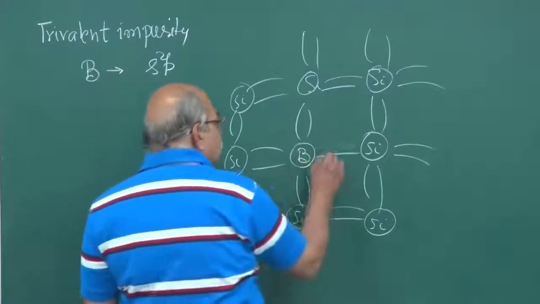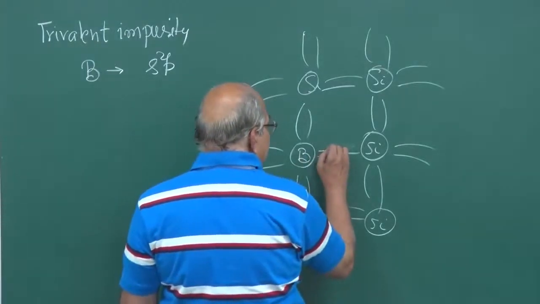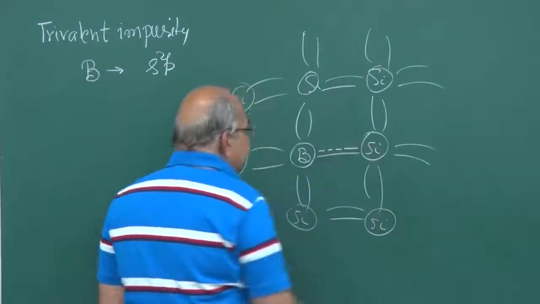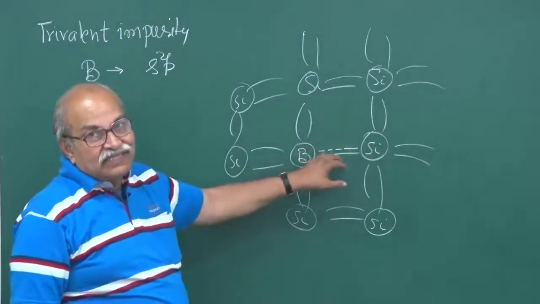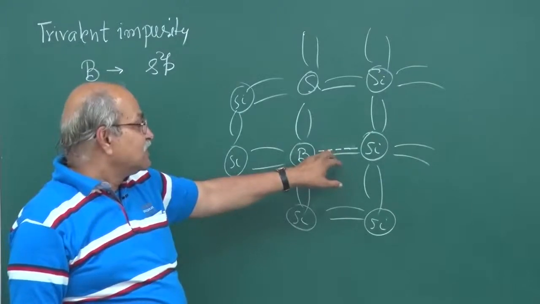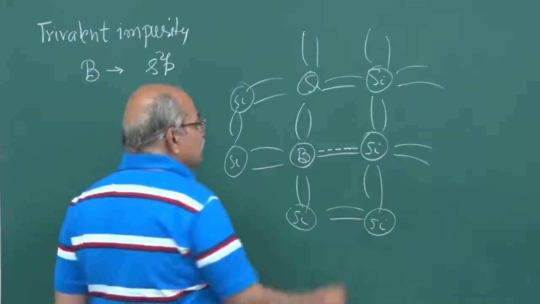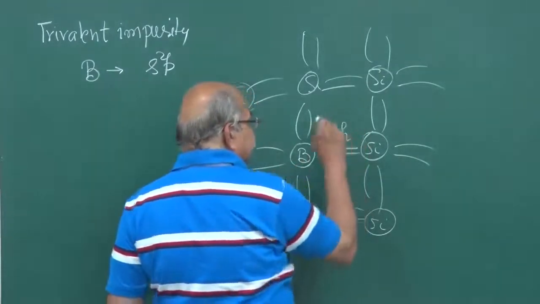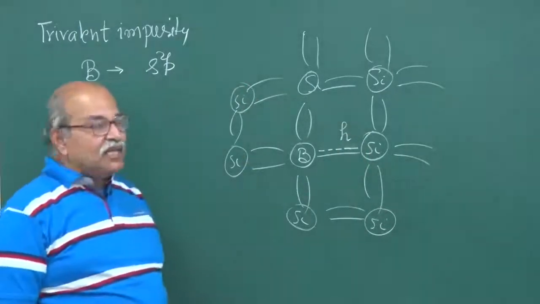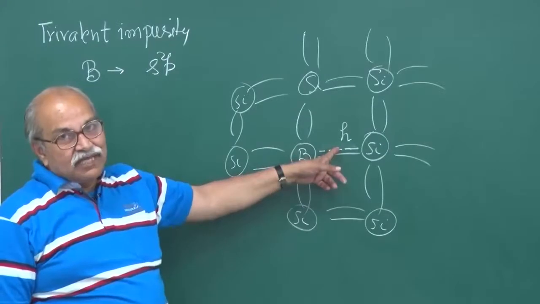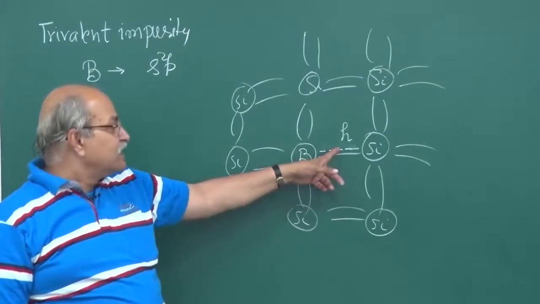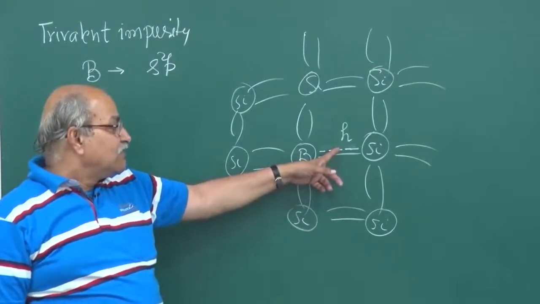So you have a broken bond, you have an empty quantum state here, and an electron can come here and complete this bond. So you have an empty quantum state, or in other words, you have a hole here. If an electron comes and sits here, this empty quantum state will get populated, or filled.